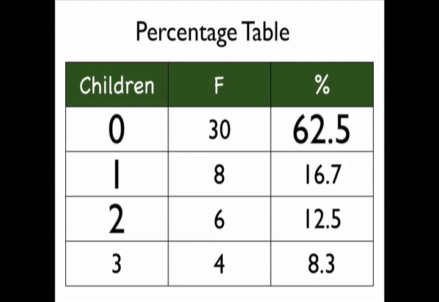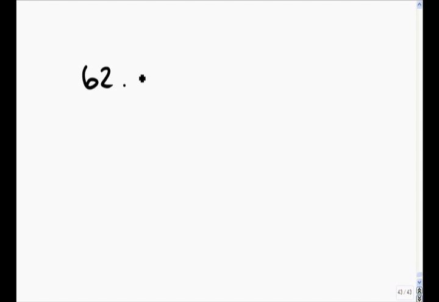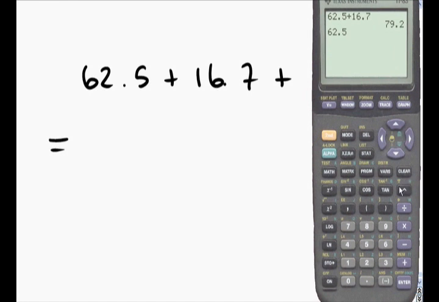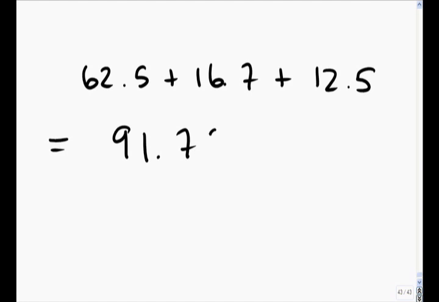So if we take the 62.5 with the 16.7 and the 12.5 and we add these percentages, we'll get the answer. 62.5 plus 16.7 plus 12.5 is 91.7. 91.7% of the class has less than 3 children.